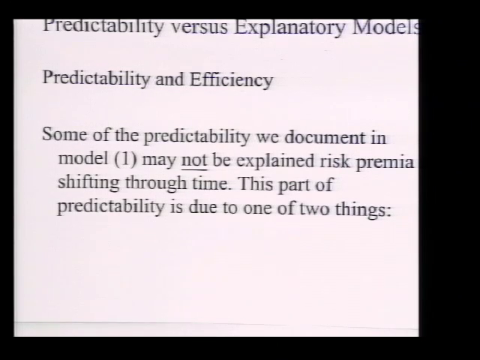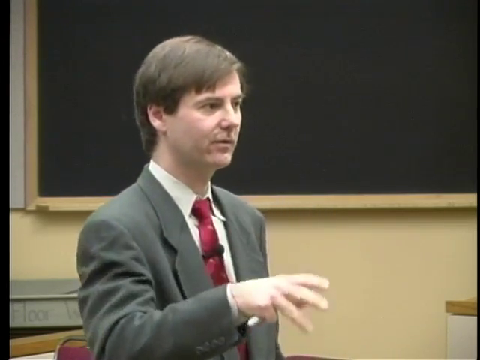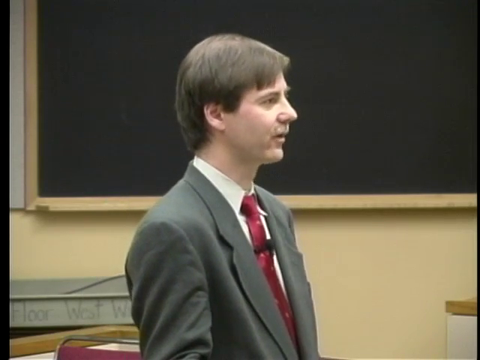Okay, so a lot of what we're going to talk about has to do with this notion of inefficiency and predictability. And I said in the very first lecture, I think, that it's possible to have predictability in an efficient market, as risk evolves through time, as those beta functions are evolving through time and people can observe that, as risk premia change through time.